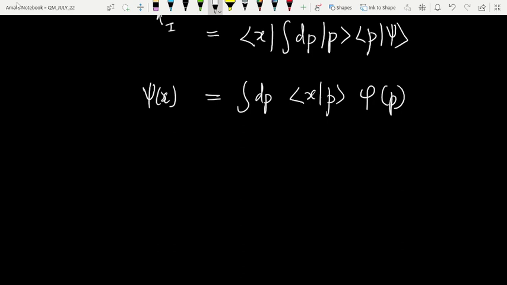Similarly, phi of p is equal to the inner product of p with psi.